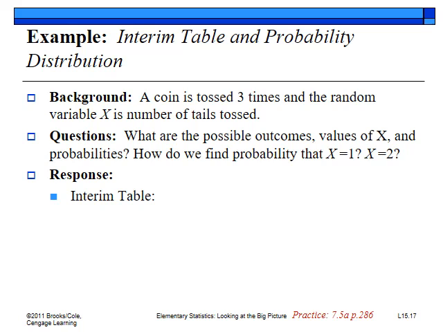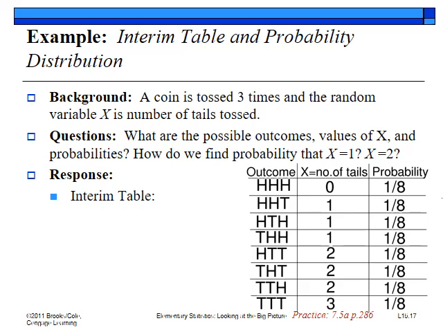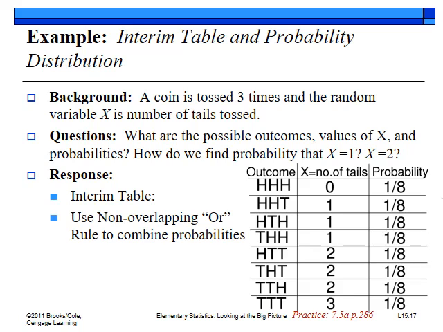So let's create our interim table. If we're tossing a coin 3 times, there are 8 possible outcomes. They're systematically listed out in the left-hand column of this table. Since those are the 8 possible outcomes, and each is equally likely, the probability of each outcome is 1/8. Now, within each outcome, we can count up the number of tails we see, and that would be the associated value for x for that outcome.